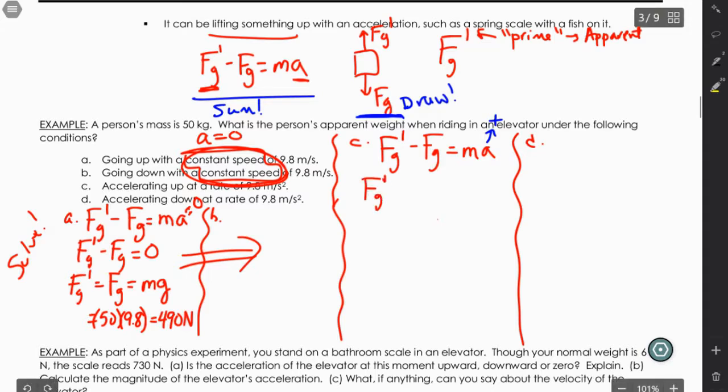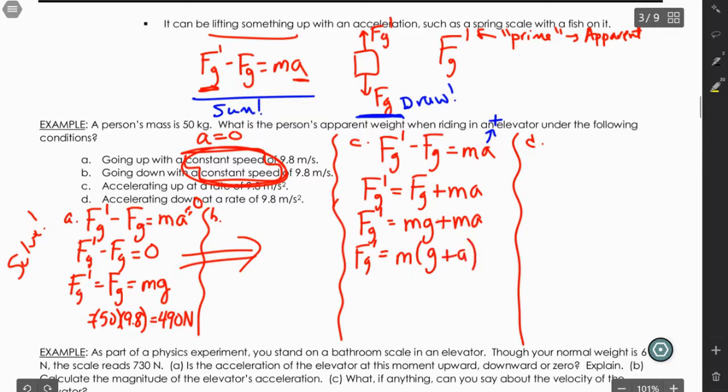So I'm going to do Fg prime equals Fg plus ma. Fg has a formula of mg, so we have mg plus ma. With a little algebra, I pull out the m, so it's m times g plus a. If I'm plugging in a positive, you'll see that g plus a is bigger.